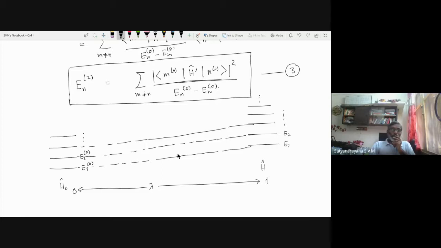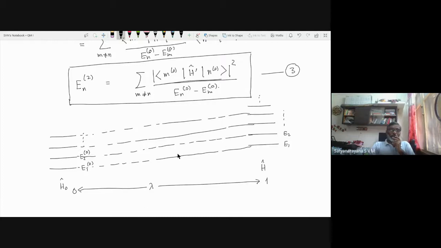And that is the reason why we are able to expand in powers of lambda. Okay, so that is what allows us to make an expansion, because this is the assumption that we are making: there is a continuous transformation of energy and the state from the unperturbed set of energies to the perturbed set of energies, and the unperturbed set of states to the perturbed set of states.